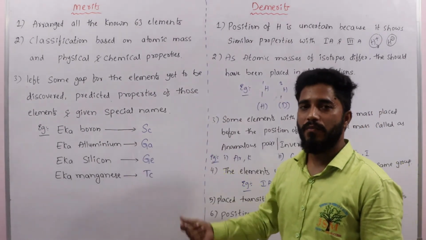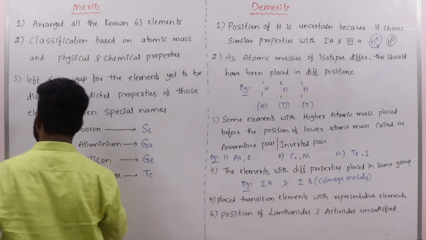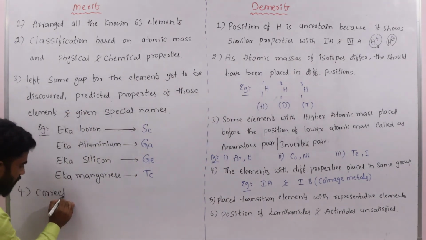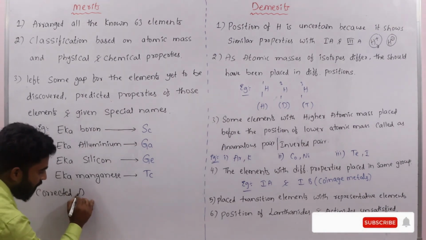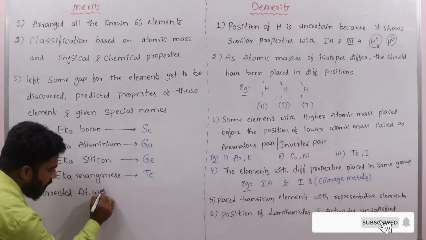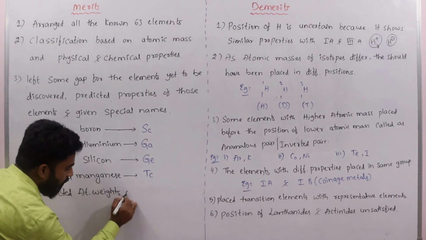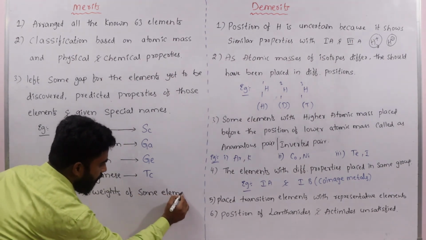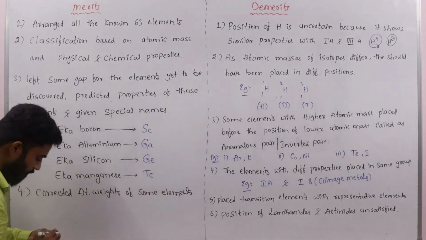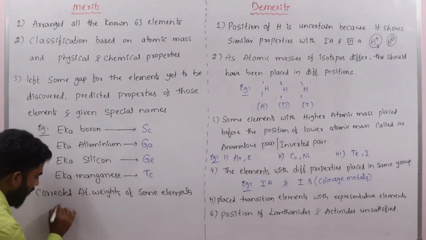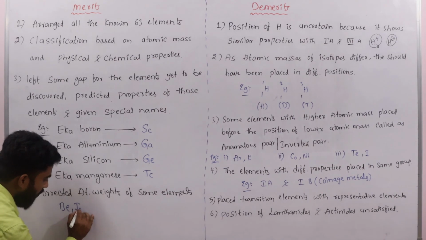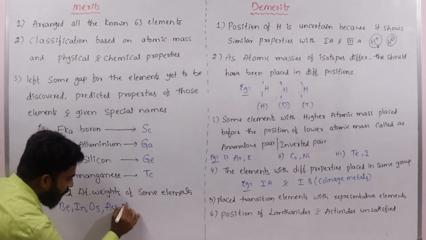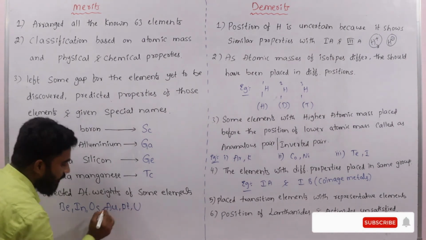Let us see one more merit: he corrected the atomic weights of some elements, namely beryllium, indium, osmium, gold, platinum and uranium.